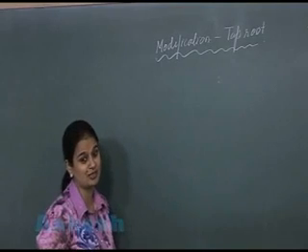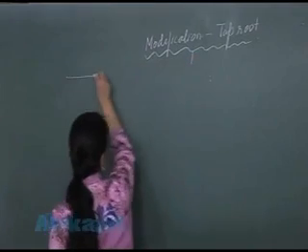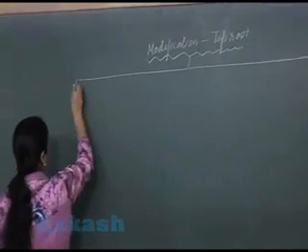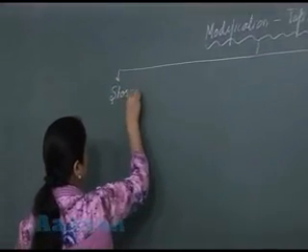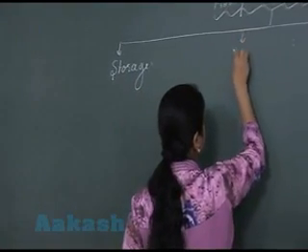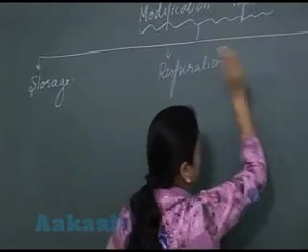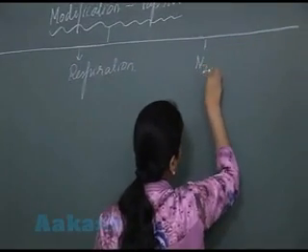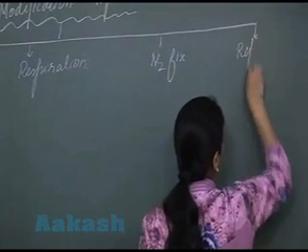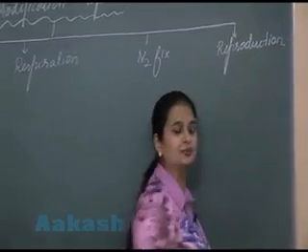So here I will be discussing modified taproot. Under this I will be dealing taproot for the purpose of storage, right? Then for the purpose of respiration, then nitrogen fixation, as well as reproduction.